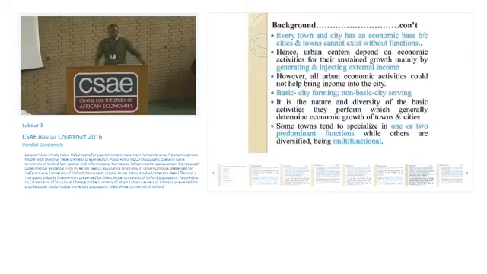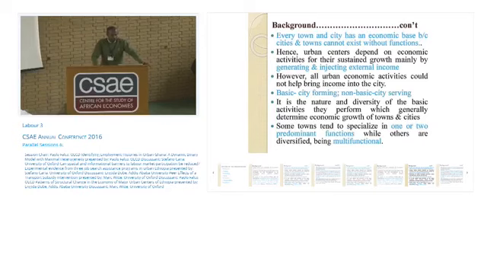The most important fact is every city has its economic base, without which a city cannot exist. So it is important for the existence of cities and towns.